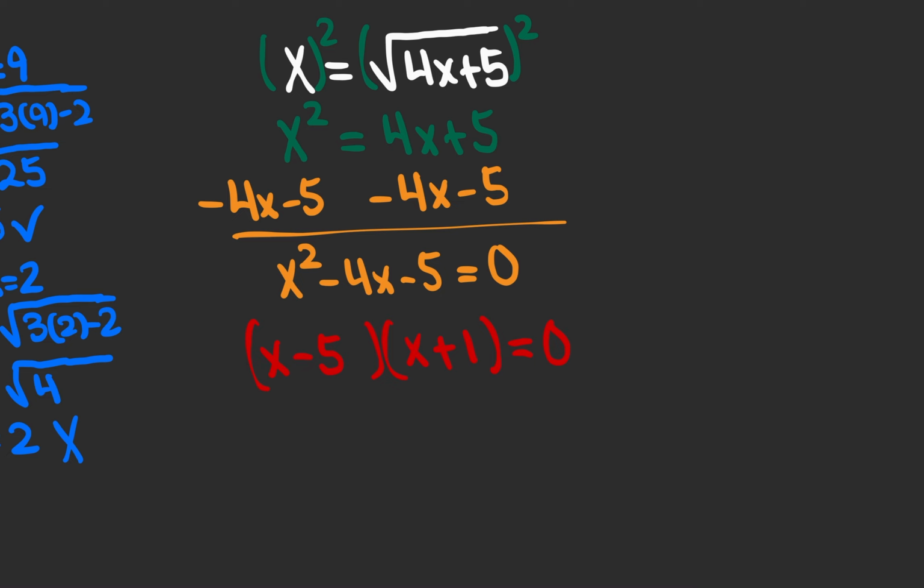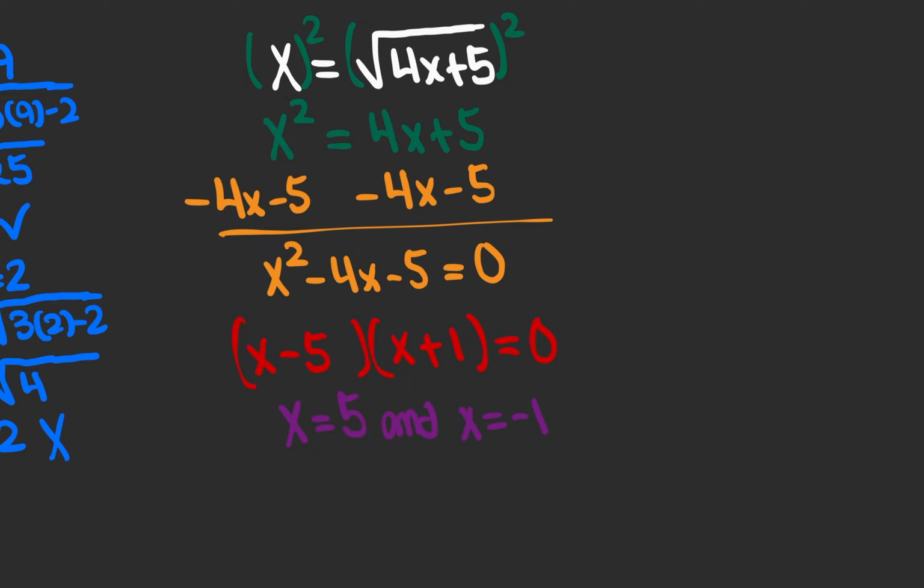So from there, it makes sense. Negative 5 times positive 1 will give you negative 5. Negative 5 plus 1 will give you negative 4. From there, we then set our solutions. We have x is equal to positive 5, and we have x is equal to negative 1.